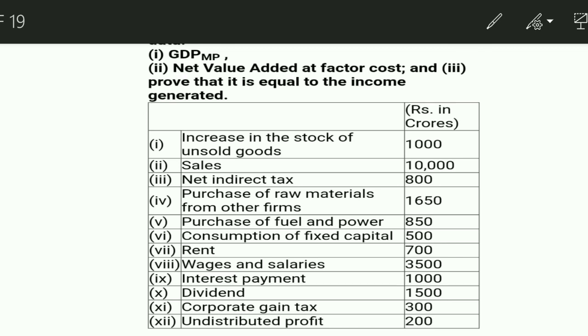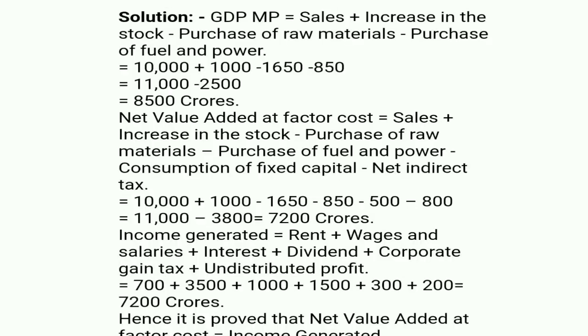That again was 7,200 in this case. So both of these were equal. Here you can see its solution. In the solution they have directly mentioned that hence it is proved that net value added at factor cost is equal to income generated. But practically, they haven't proved it anywhere. In the answer, in order to get good marks, you have to prove it. You have to prove your point.